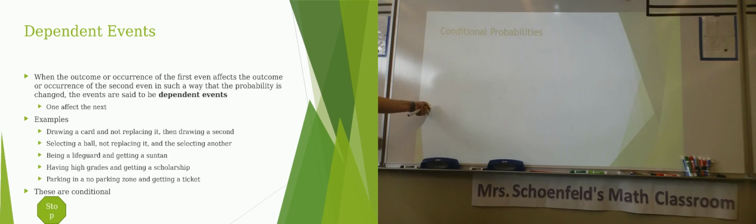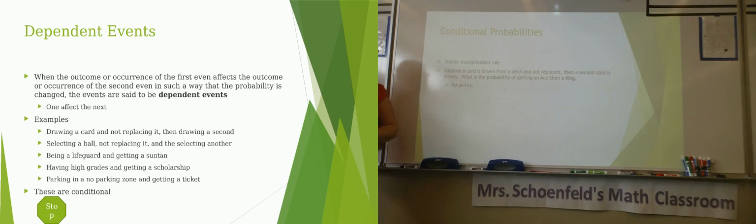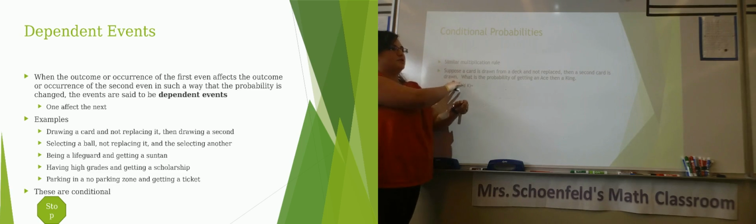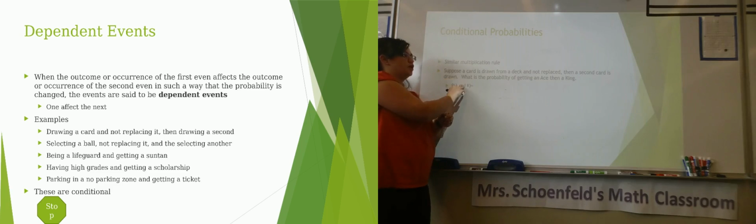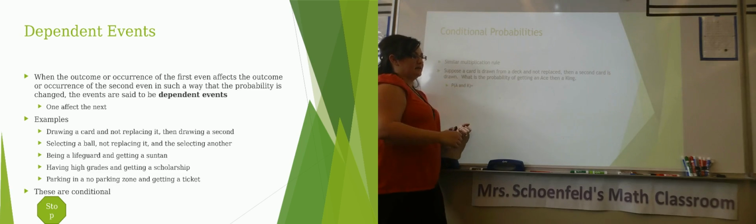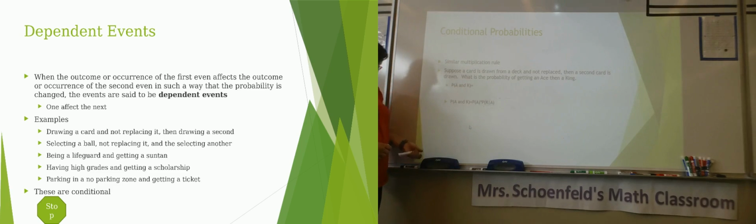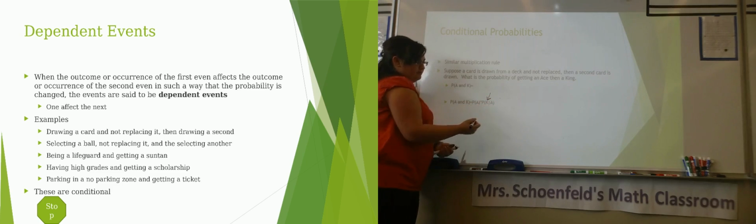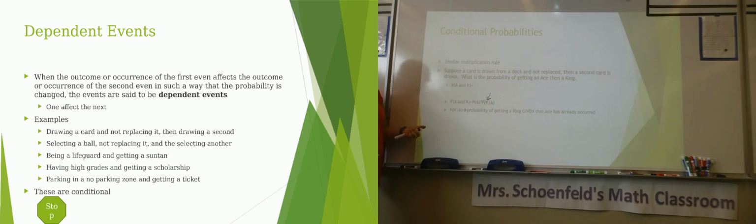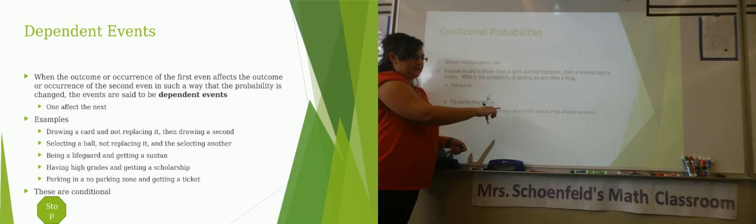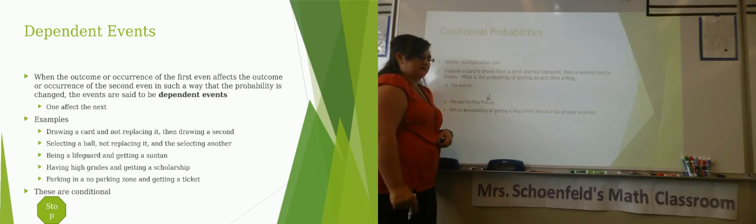Okay, so the next thing we're going to do is those conditional probabilities. The way that we write conditional probabilities is really weird. So suppose a card is drawn from the deck and not replaced, then a second card is drawn. What's the probability of getting an ace, then a king? The way we write that is this: the probability of getting a king given that the ace has already occurred.